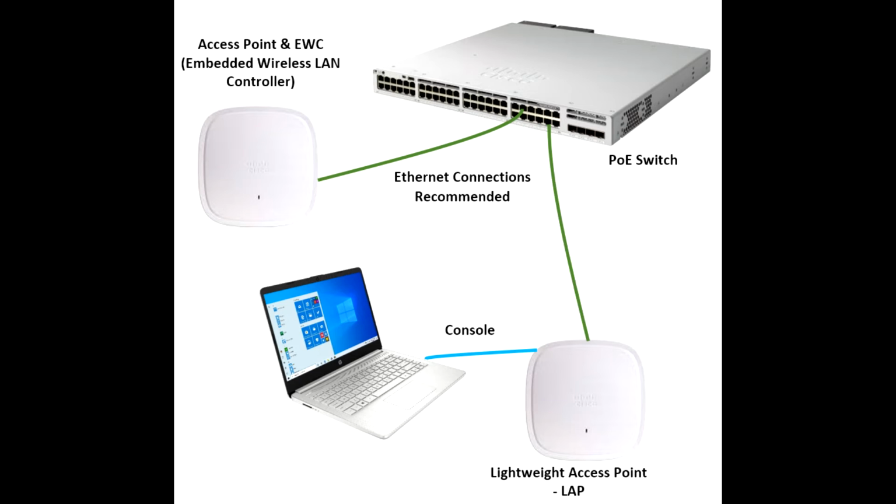Okay, add another access point. By default, this access point uses an image of a lightweight access point, LAP. So this lightweight access point will communicate with the embedded wireless LAN controller.